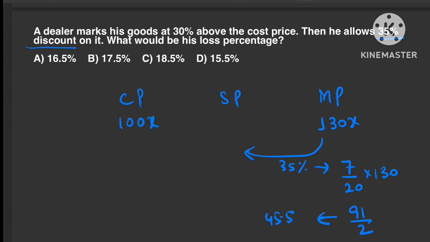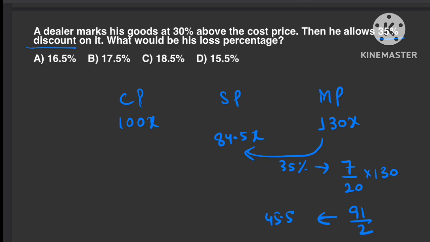So what will be the selling price? After subtracting it from 130x, we will get 130x minus 45.5x, we will get 84.5.